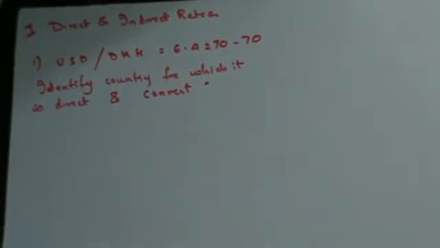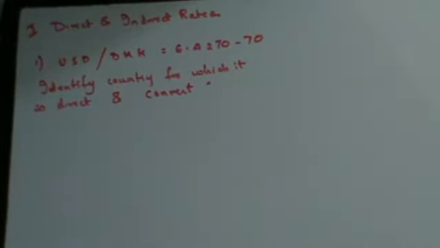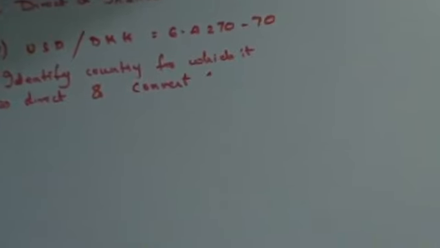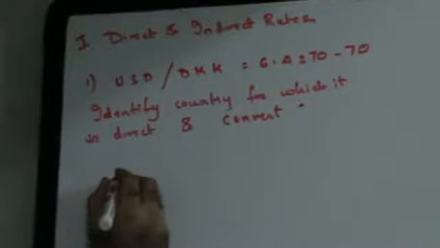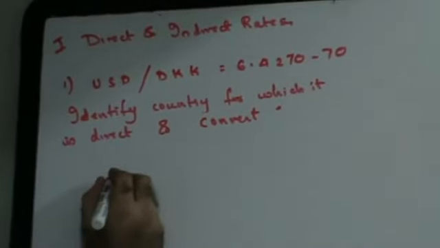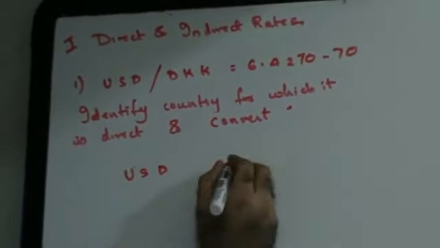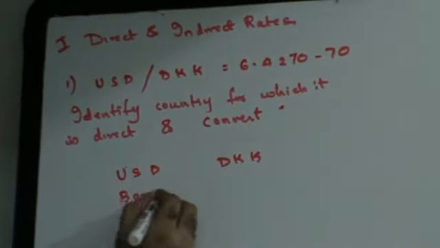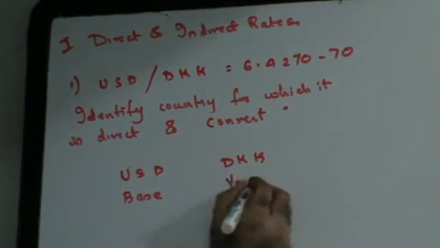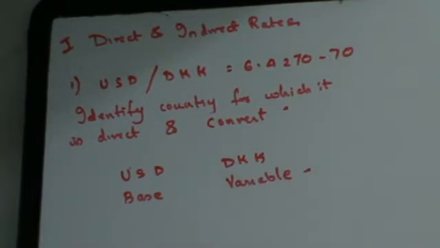Now, the first currency is called the base currency. The second currency is called your variable currency. You have USD is my base currency, DKK is my variable currency. The given rate is always a direct quote for the variable currency.